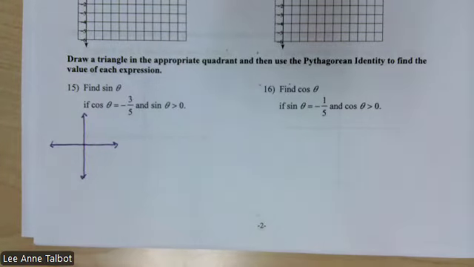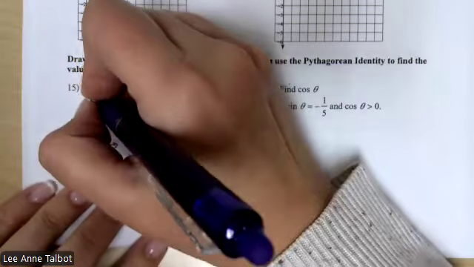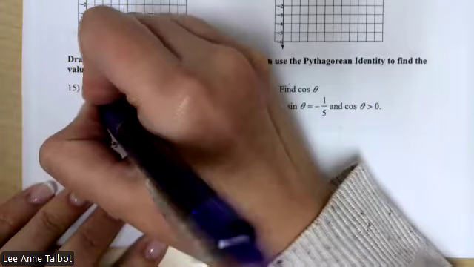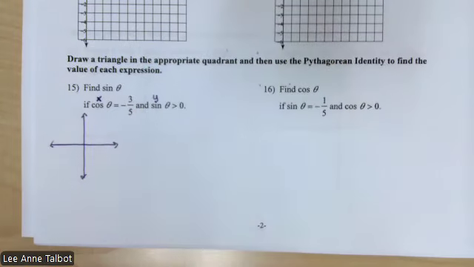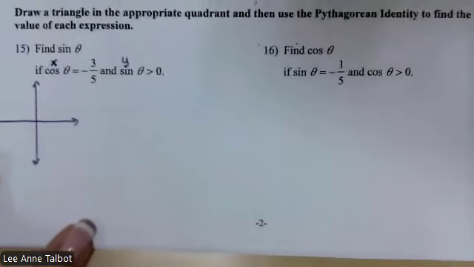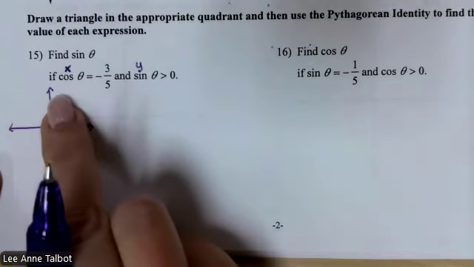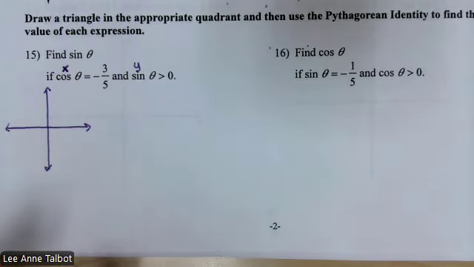Okay, now when you guys are doing Pythagorean identity problems, for a little while while we're getting used to it, I want you to take cosine and write an x, and I want you to take sine and write a y. Just at first, while you're getting used to these problems.